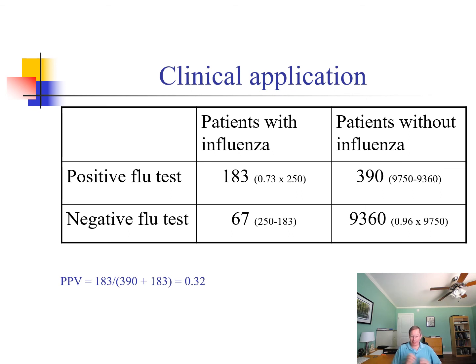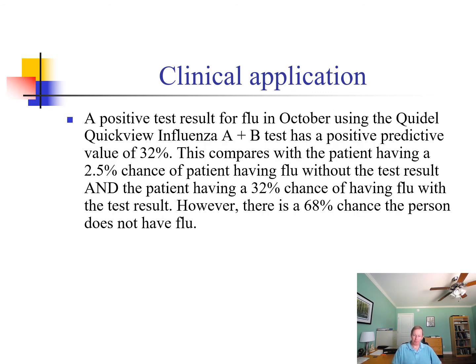So if I did not have the result of that flu swab, I would expect that 2 or 3 out of 100 people that would come in with influenza-like symptoms would have flu, but 97 or 98 of them would not. With this positive flu test, there's about a 68% chance that the person doesn't have flu, and about a 32% chance that they do have flu with this result.